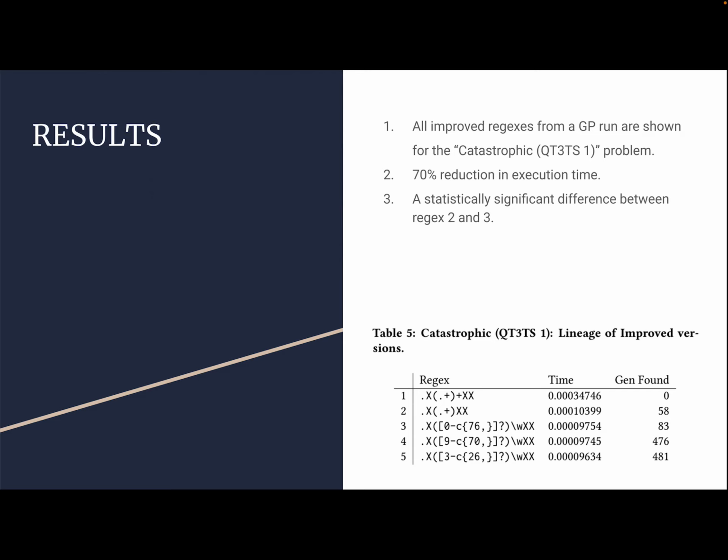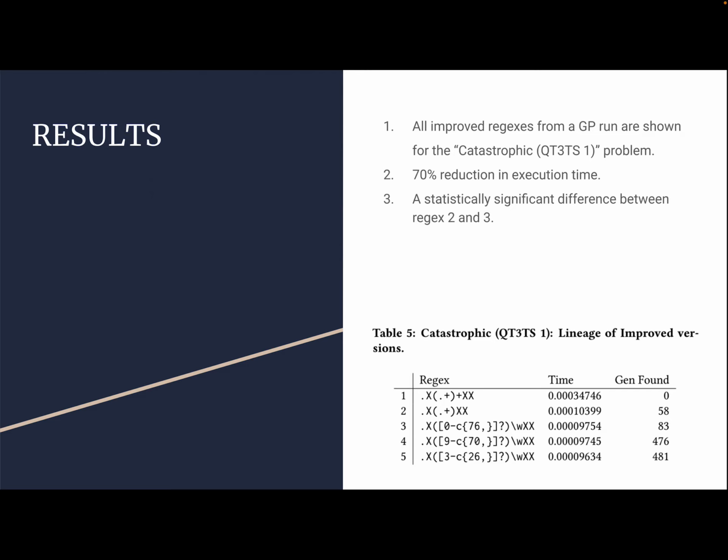In Table 5, all improved regexes are from a genetic programming run, such as for the catastrophic problem. While the difference between the first two regexes clearly showed a 70% reduction in execution time, the performance improvements thereafter are not obvious.